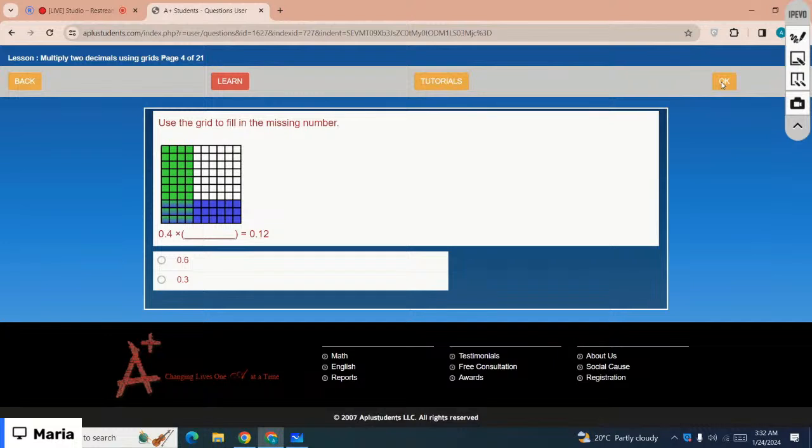The next one is use the grid to fill in the missing number. So which number is missing? Which number is missing?